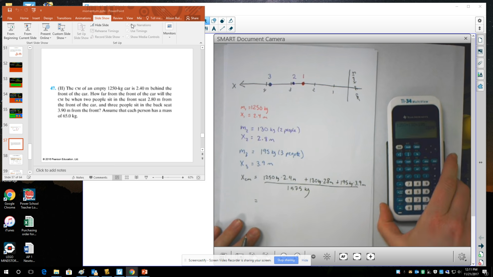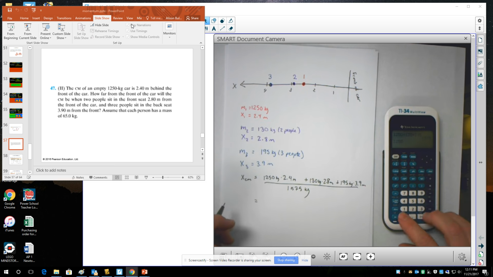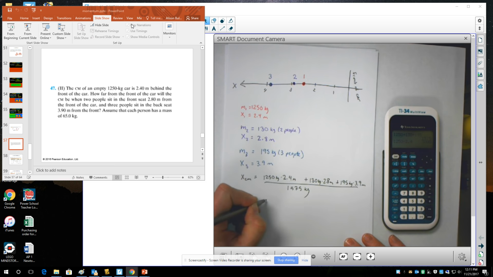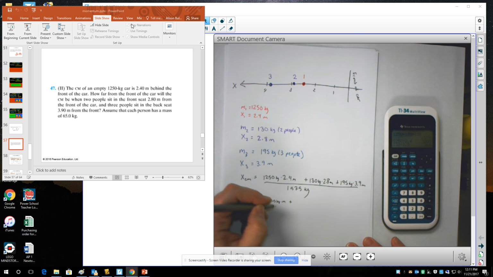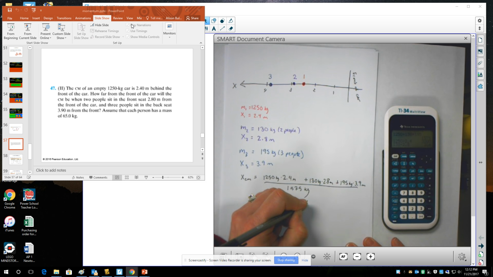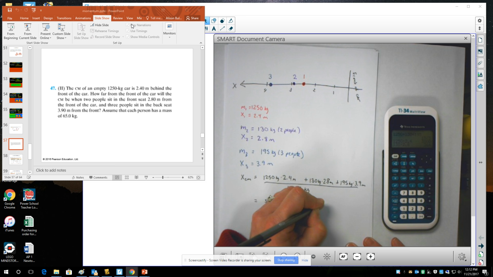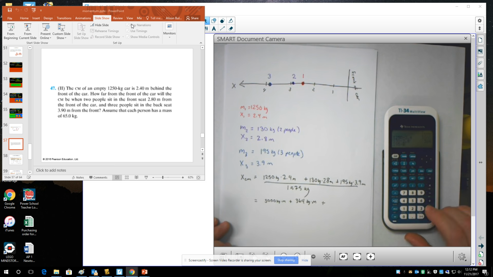So calculating each piece, 1250 times 2.4 is 3,000, 130 times 2.8, I'm showing all the steps. It's probably not necessary. This math is not terribly complicated.